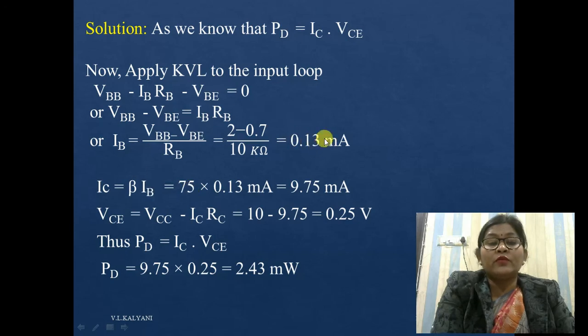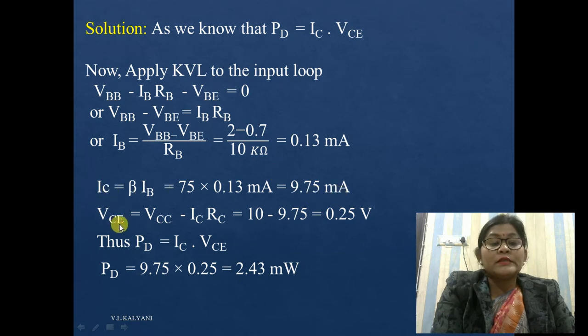Here we have already calculated the IB. So it will become 9.75 milliampere. So the collector current is 9.75 milliampere.